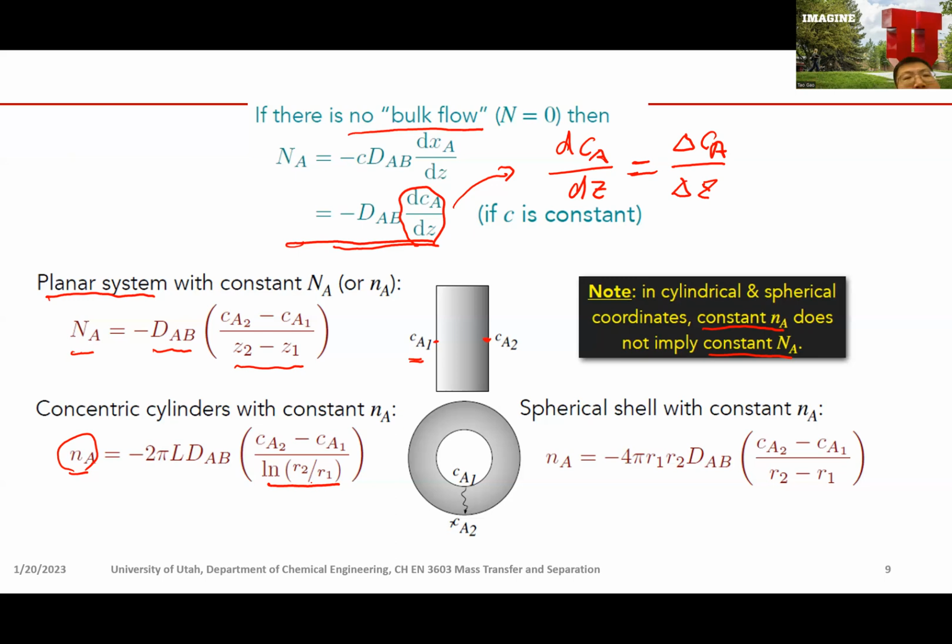For concentration, steady state means dC dt equals 0. But steady state doesn't mean you don't have flux. There could still be flux. It's just that the flux does not change the concentration profile over time. Okay, makes sense?